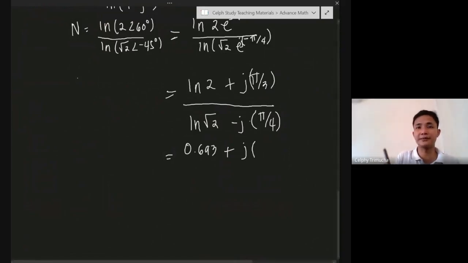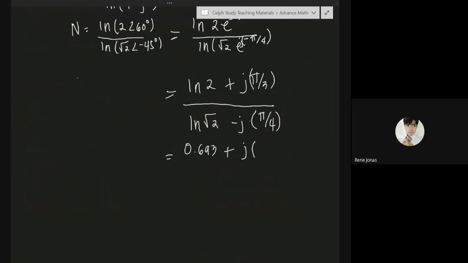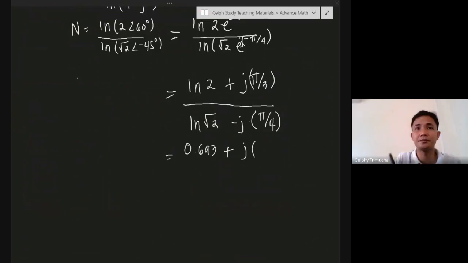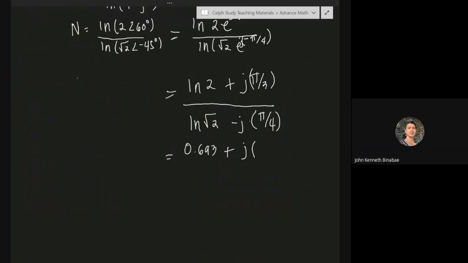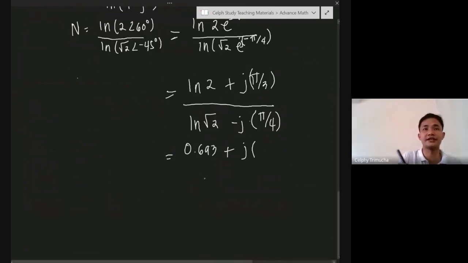So pi all over 3, pila na ganing pi over 3? Pi shift divide 3, 1.047.